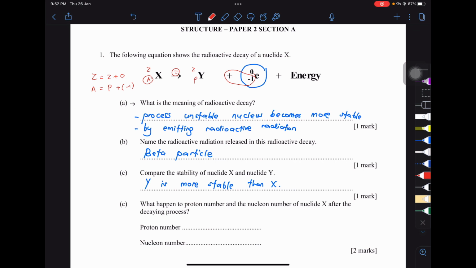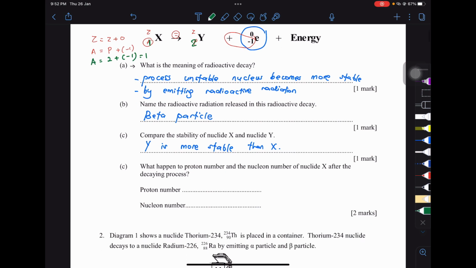So let's say P is any number, let's just try. Let's say P is 2. So what is A? A equals 2 plus minus 1, so A is equal to 1. So 1 is less than 0. Alright. So for the proton, the proton increases by 1.